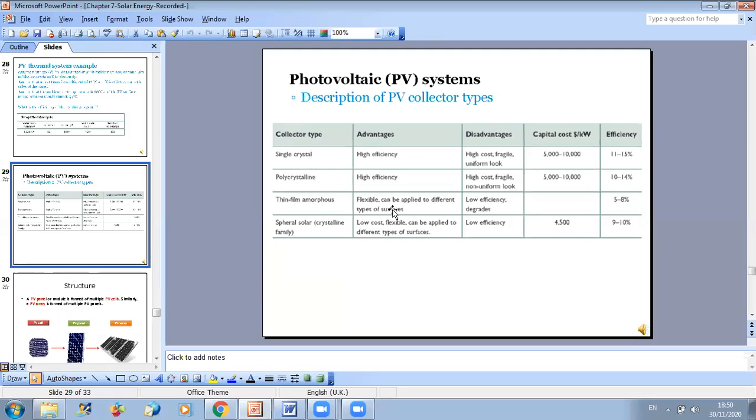For other types, as you can see, you have a lower efficiency. The amorphous type is between 5 and 8%, but the advantage is that it's flexible and can be applied to different types of surfaces. So depending on your application and the efficiency required, you will decide which type to use.